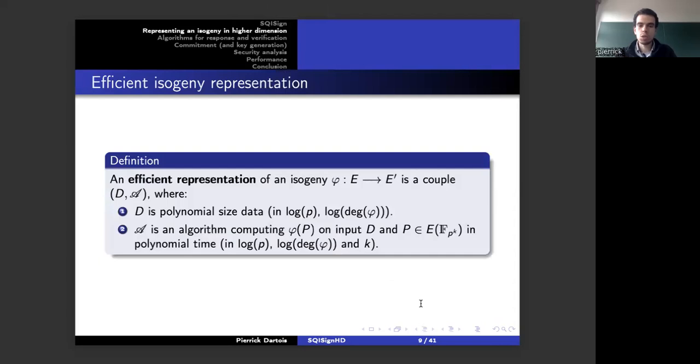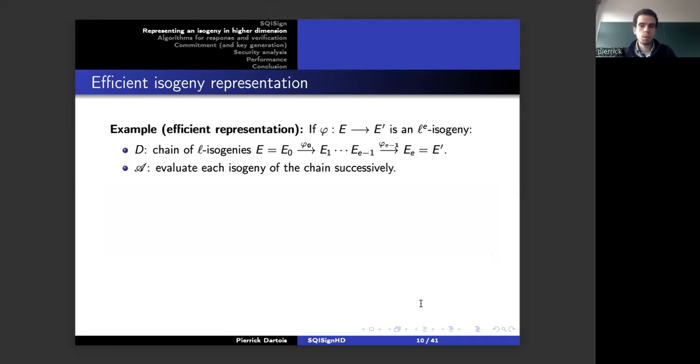So I introduce the notion of efficient representation. This is basically what we want to compute for any isogeny. An efficient representation is given by data of polynomial size representing this isogeny and an algorithm, taking as input this data and a point, and returning the evaluation of that point in polynomial time.